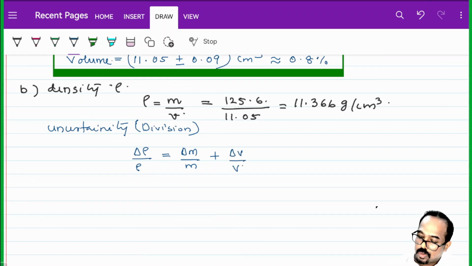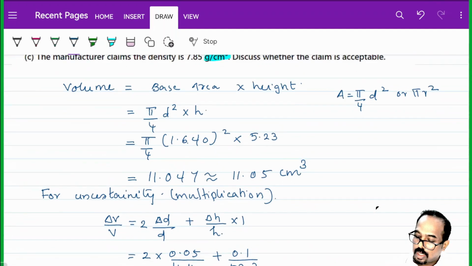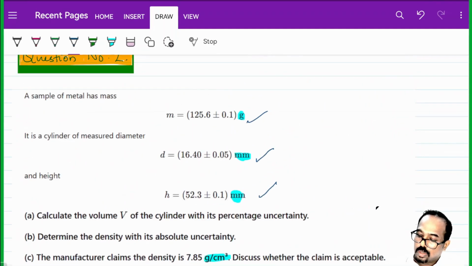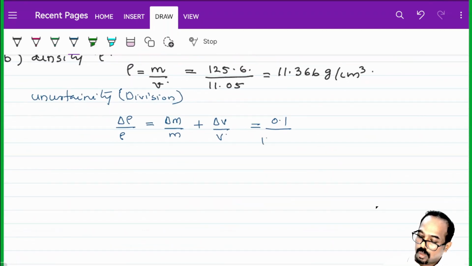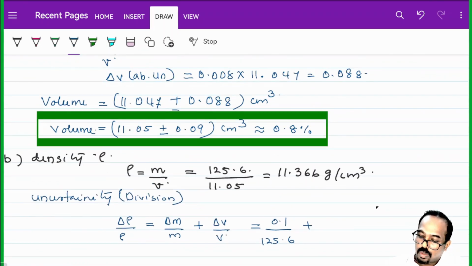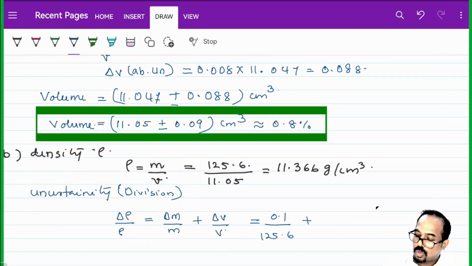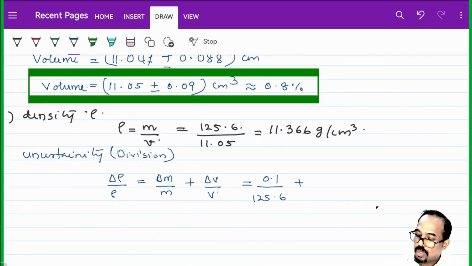Now you substitute the values in this equation. Delta m by m: the uncertainty in the mass is 0.1 grams, so 0.1 upon 125.6, plus delta v by v, the volume with absolute uncertainty, delta v is 0.09 by 11.05. Put these values in your calculator.